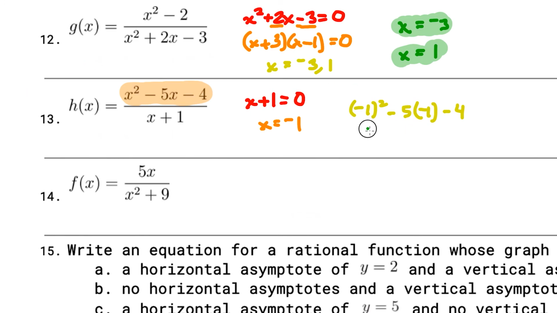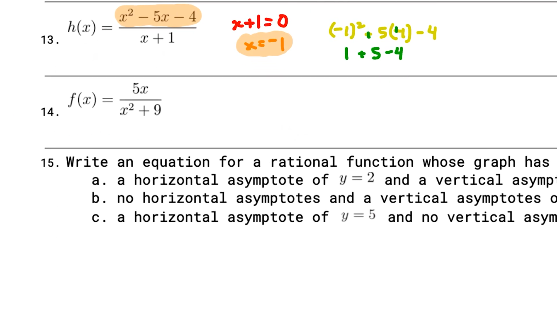This would evaluate to 1 plus 5 minus 4, which would be non-zero. So because it's a non-zero over 0, this would end up being the answer right here. x equals negative 1.